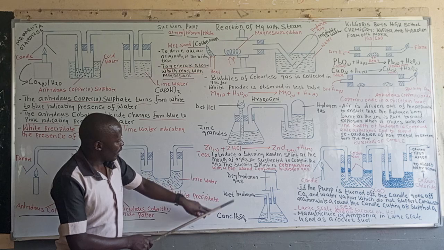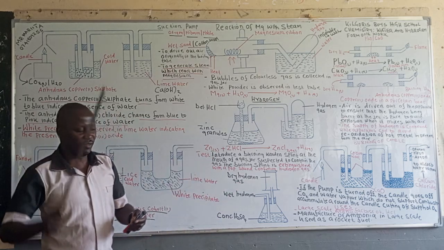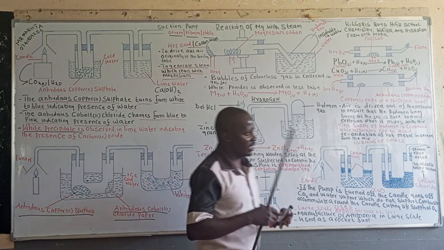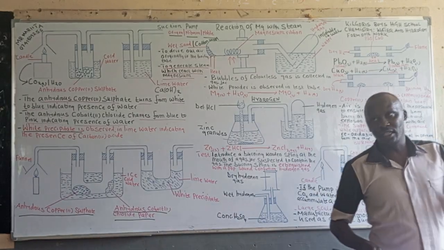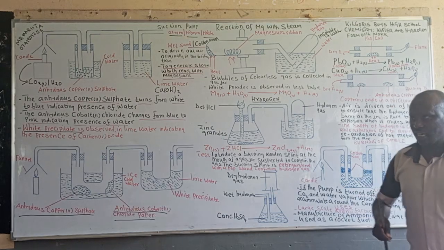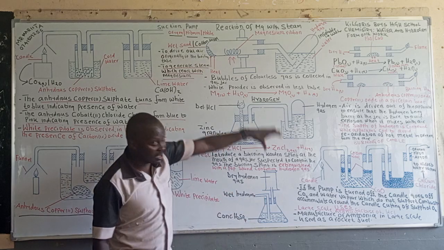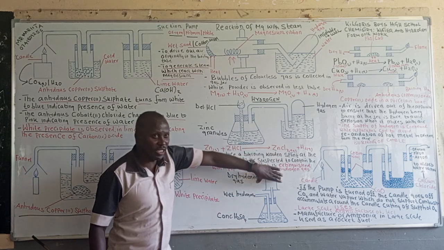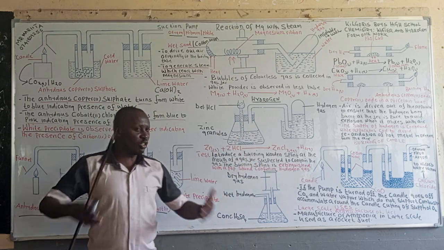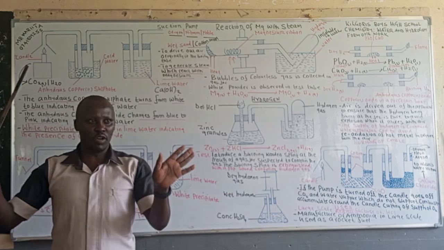So the dry hydrogen gas is collected by upward delivery, and the reason why it is collected by upward delivery is that the dry gas in this case is less dense than air. So dry hydrogen gas must be collected by upward delivery, or this method is also sometimes called the downward displacement of air.